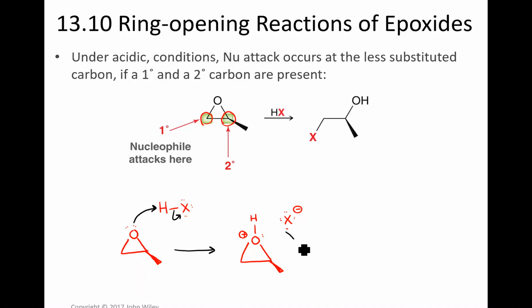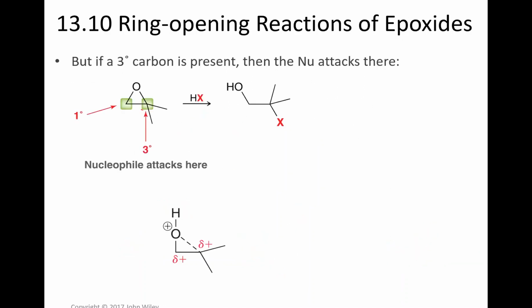So the halide will prefer the least sterically hindered carbon, and it will do an SN2 reaction, breaking that carbon-oxygen bond. That produces the product that's shown. Notice the retention of stereochemistry in this reaction.